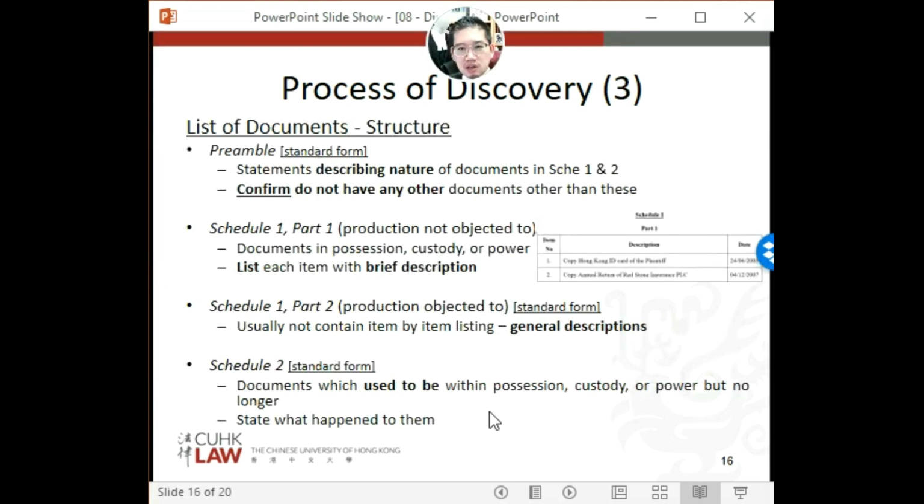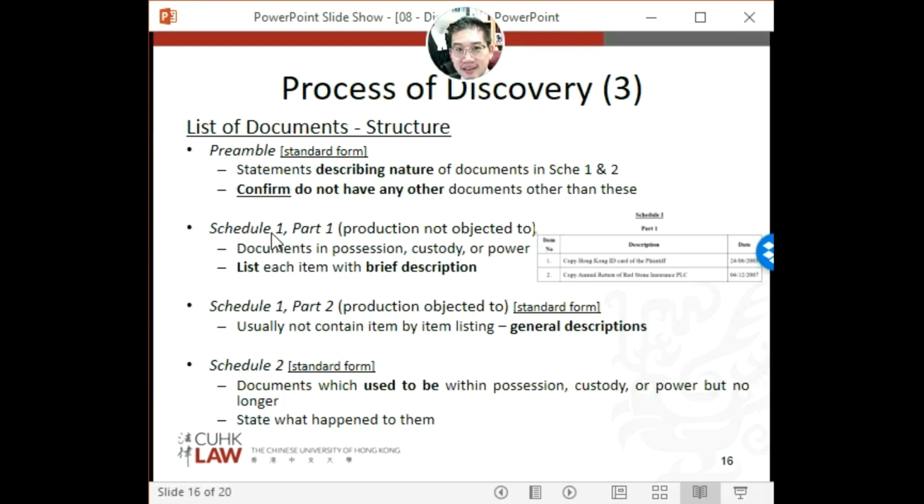So the structure of the list of documents is: there's a preamble that states the nature of the documents in Schedule 1 and 2, confirming that there are no other documents other than these. Schedule 1 Part 1 is the only important part of the list, because every other part is standard form, so they usually do not change.